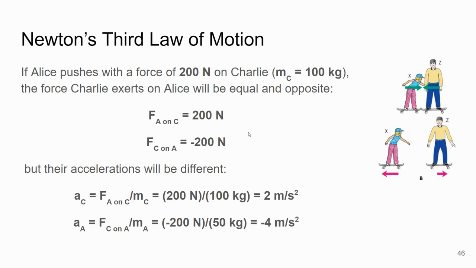Everyone likes to say that, oh, well, the elephant must be putting more force, because afterwards you look at how the motions change. Your motion will change very dramatically. You're going to go flying in the opposite direction, whereas the elephant's motion isn't going to seem to change at all. So people think the elephant's putting more force on you than you're putting on the elephant.